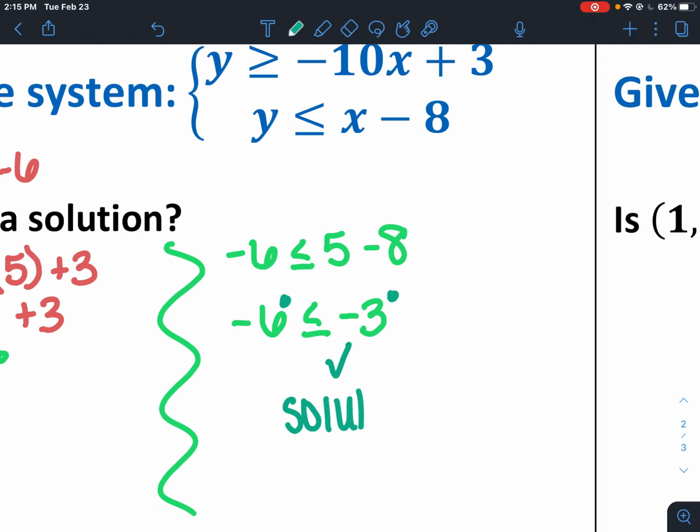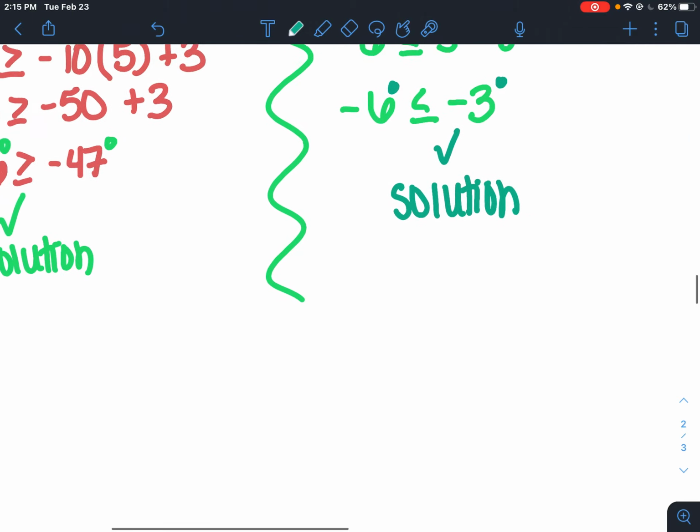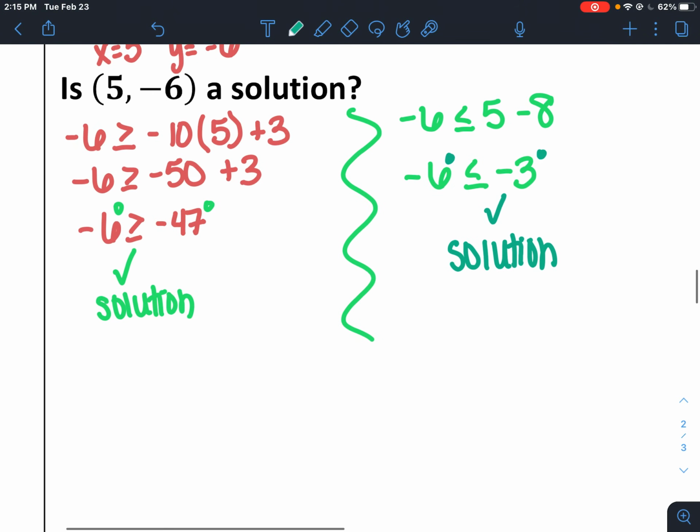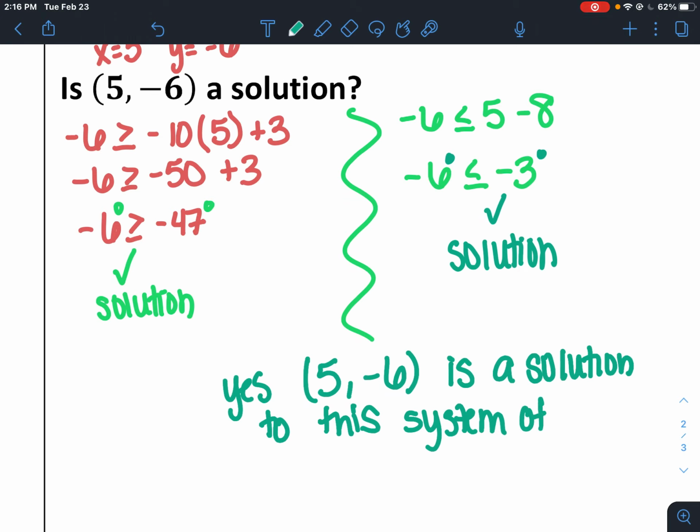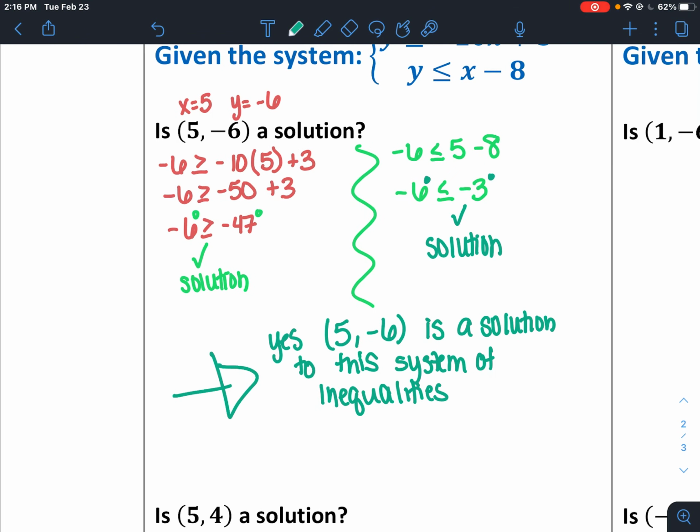So solution. Okay, now, since both of these are true, that means that yes, 5, -6 is a solution to this system of inequalities. So I'm looking for this as your answer.